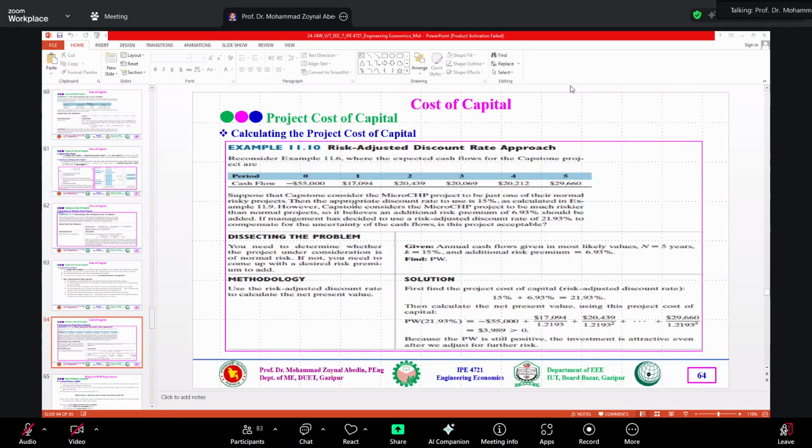Here K, which we calculated in example 11.9, is 15%. An additional risk premium of 6.93% is also given to cover the risk. The total value, 15% plus 6.93%, is equal to 21.93%. This is now being used to compensate for the uncertainty of the cash flows of this specific project.